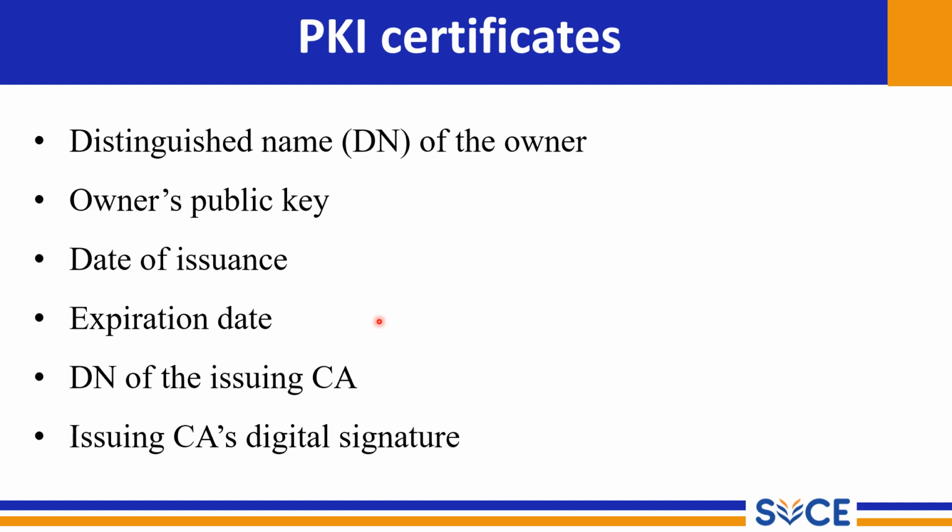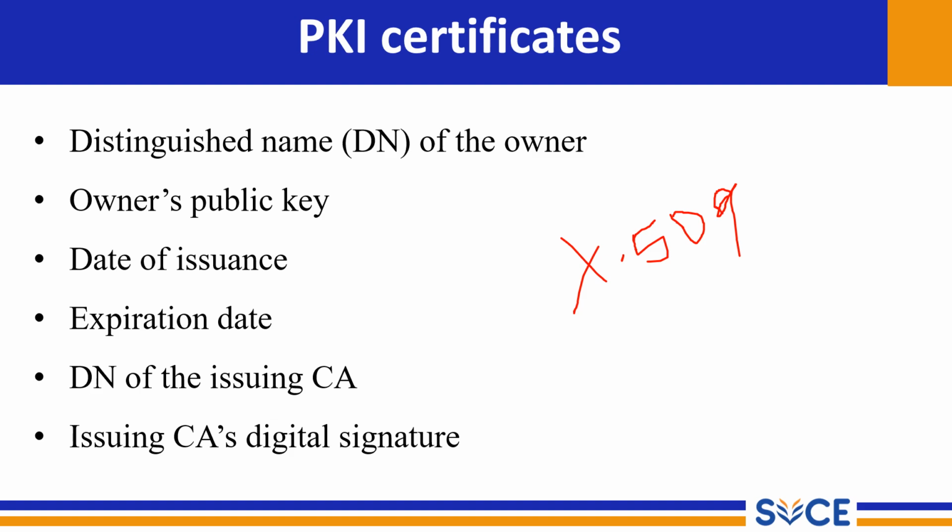Digital certificates are used to verify digital identities, and a digital certificate is also called a PKI certificate, or an X.509 certificate. I hope you might have heard this term, X.509. For each and everything there is a separate structure involved, X.509 or PKI certificate.